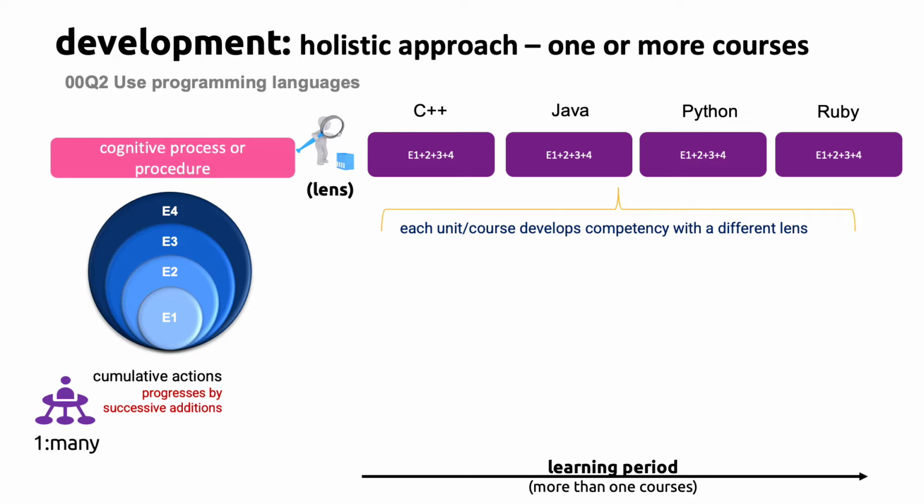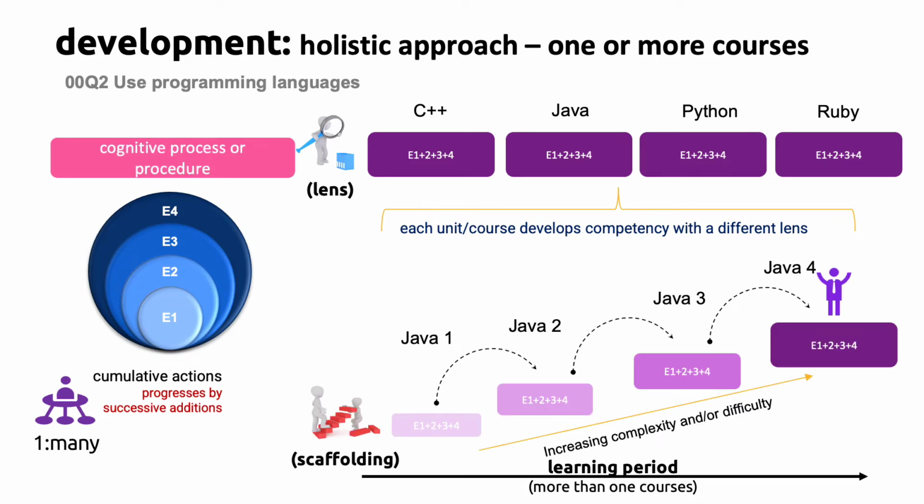In this case, each of the courses must address the objectives and standards integrally. The other way to develop a competency holistically is to scaffold the learning from one learning period to the next, but where students exercise the competency at different levels from beginner to advanced and finally to mastery.